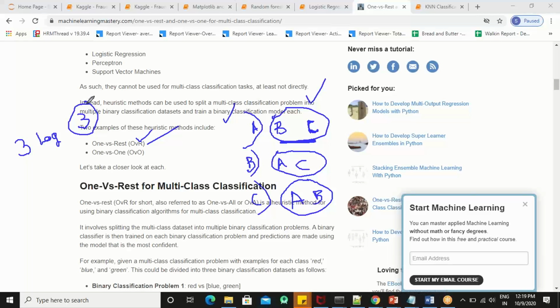You will not see it. The model will run it and give you the output. If you want, you can see that, but there are some additional things you have to do. But remember, the number of models that get created is equal to the number of classes.